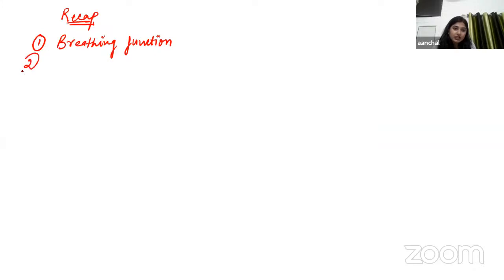So we're going to have a recap. In the recap, what was the first function that we discussed? That was the breathing function. Then the next function we discussed was the trophic function, right?